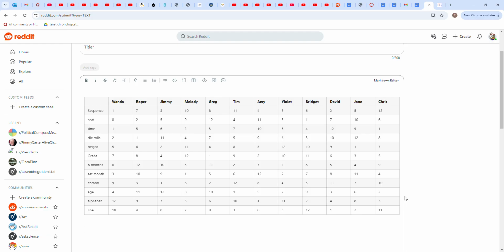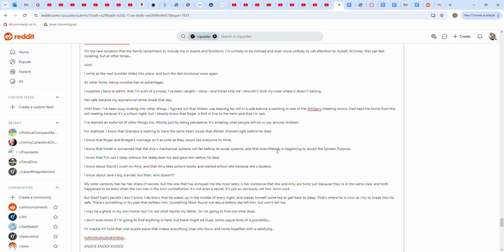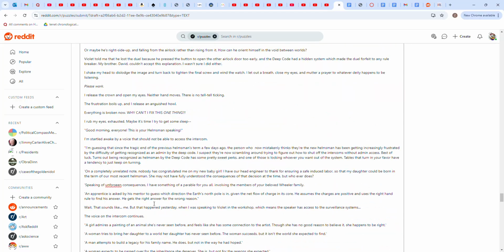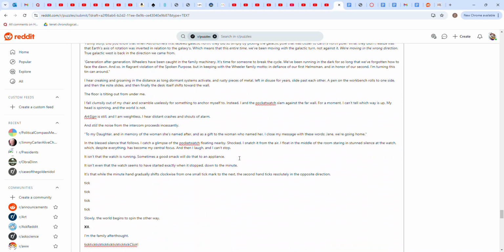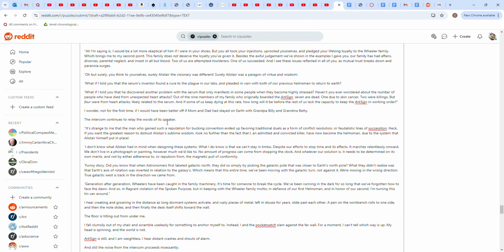And you can actually figure this out if you pay close attention to the story itself. The key here comes in scene number 11. At one point, the narrator of this scene, in other words, Tim, says, "I wonder, not for the first time, if I would have been better off if Mom and Dad had stayed on Earth with Grandpa Billy and Grandma Betty."